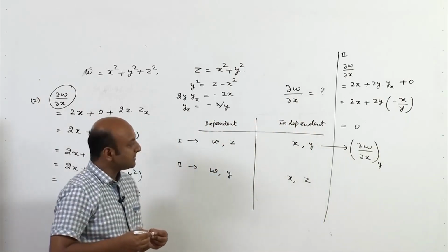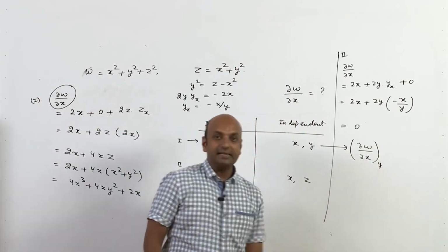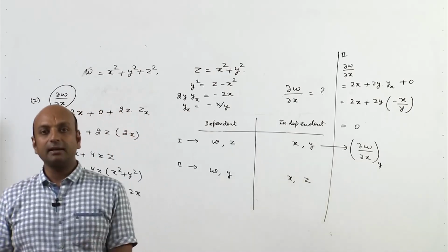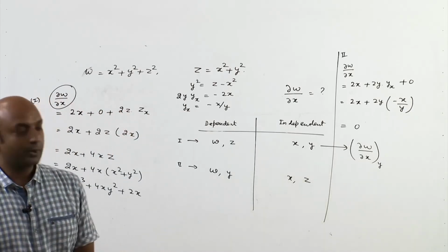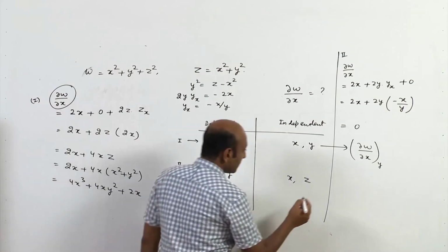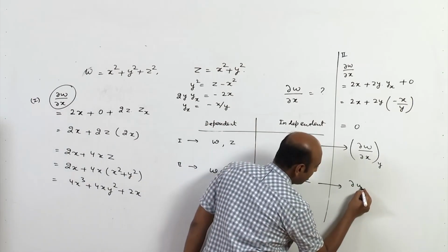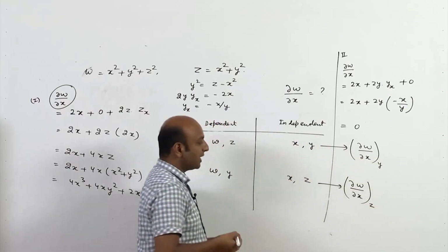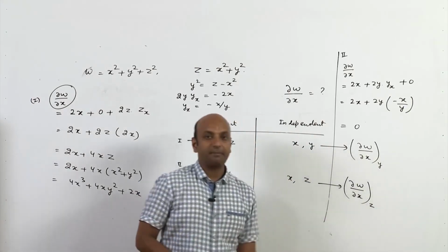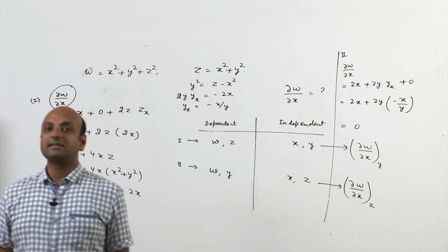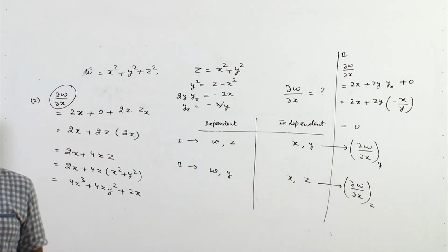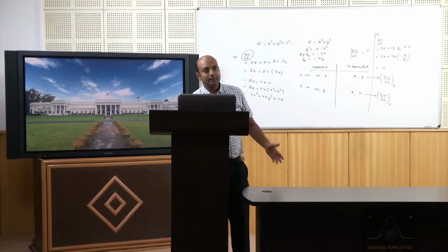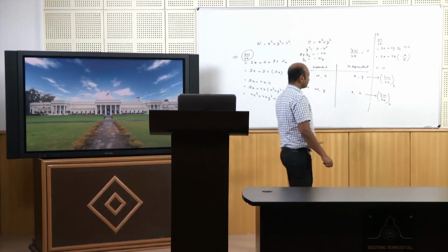This notation means we are taking x and y as independent variables and others are dependent variables. For the second case, we take the notation like this, del w by del x with z. This means we are taking x and z as independent variables and other variables as dependent variables. This is a standard notation.